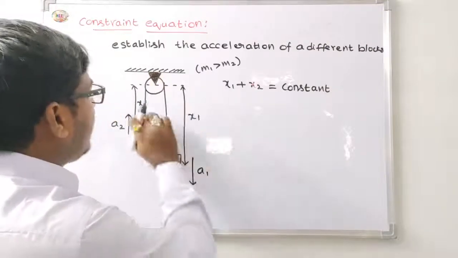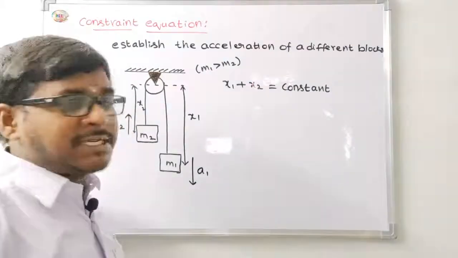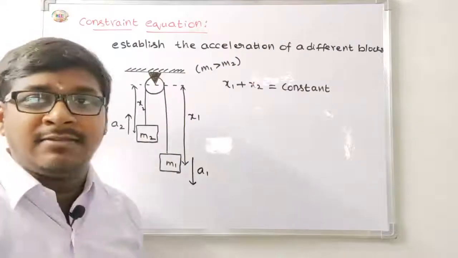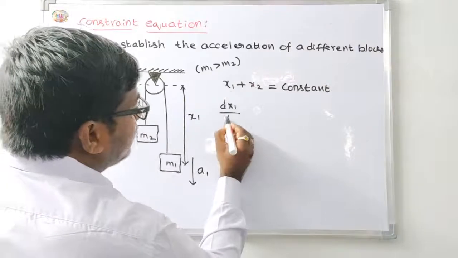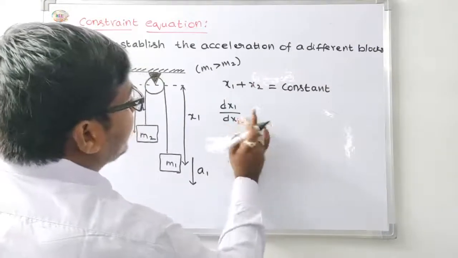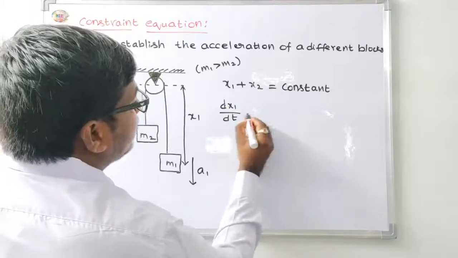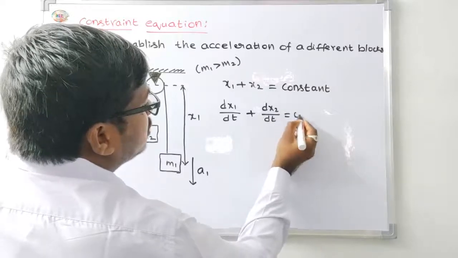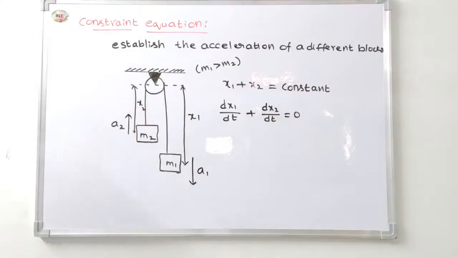Assume the distances from the dotted line are x1 and x2. For the constraint equation x1 plus x2 is equal to constant, differentiate both sides with respect to time: dx1 by dt plus dx2 by dt is equal to 0.